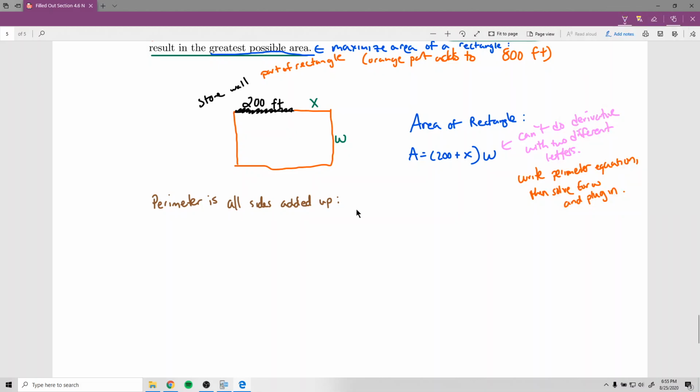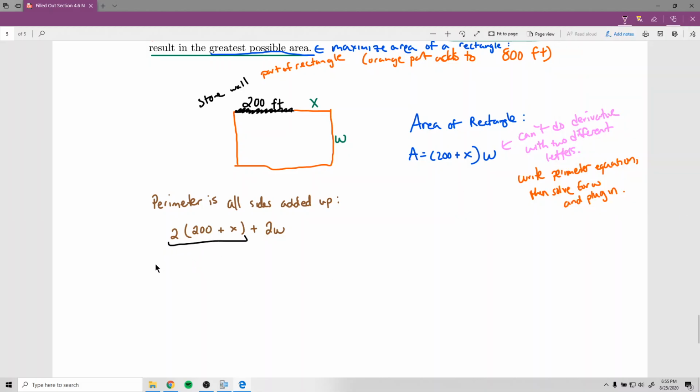All right, so the perimeter is adding up all the sides. But the top side is 200 plus X. And remember, the bottom side would exactly match that. So we have two of them, the top and bottom, plus the width. The other two sides is 2 times W. So let me just label that.